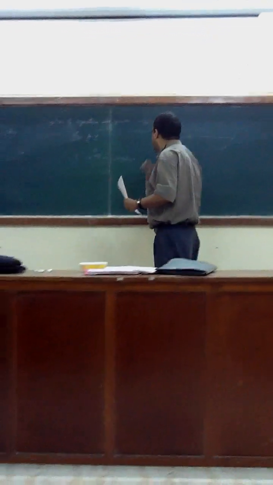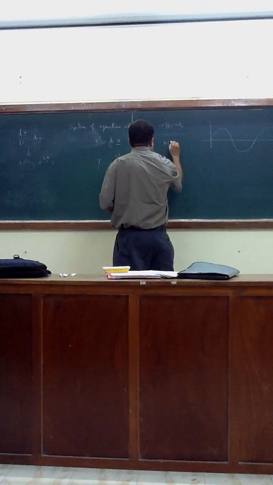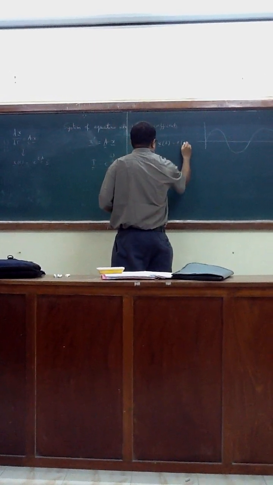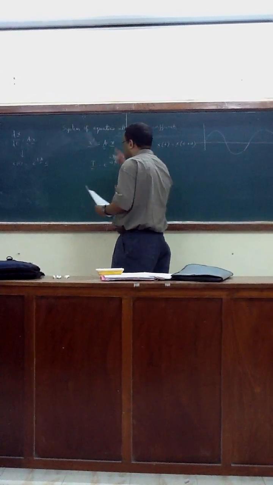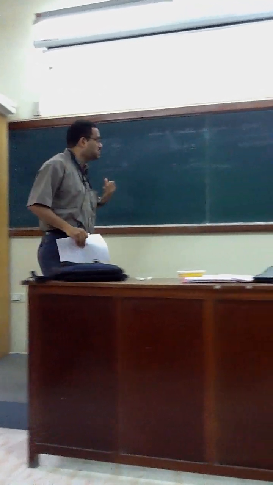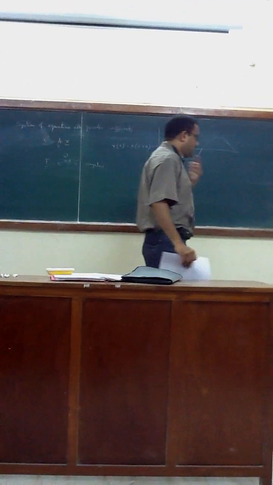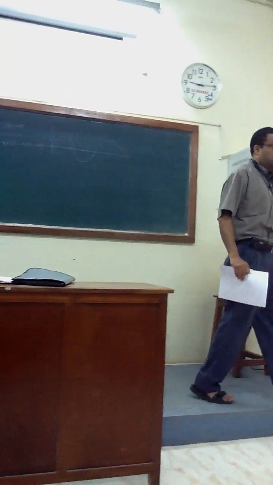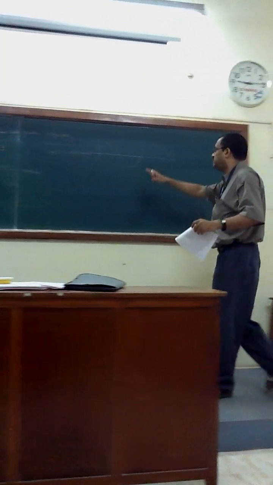That means x(t) equals x(t plus omega), because omega is a period, and 2 pi is a period. The definition of period in physics is that the state will repeat in a particular time interval.